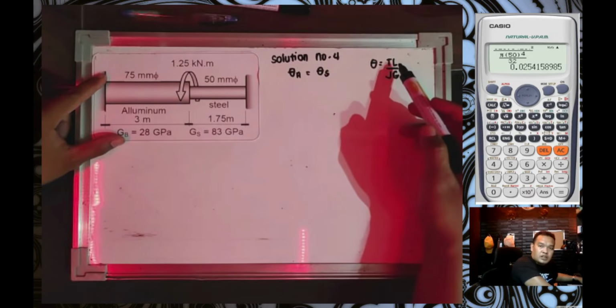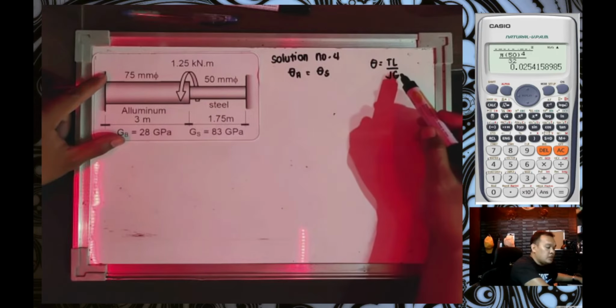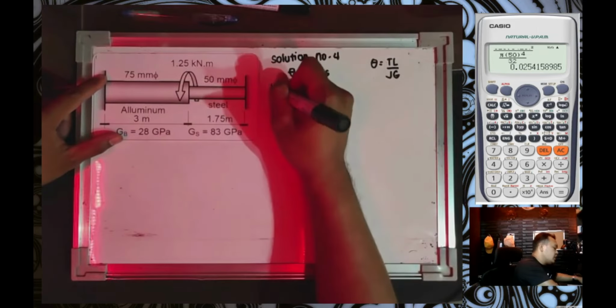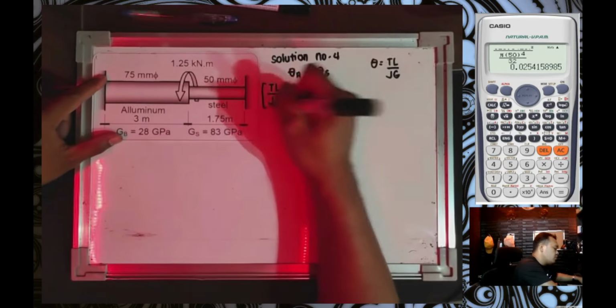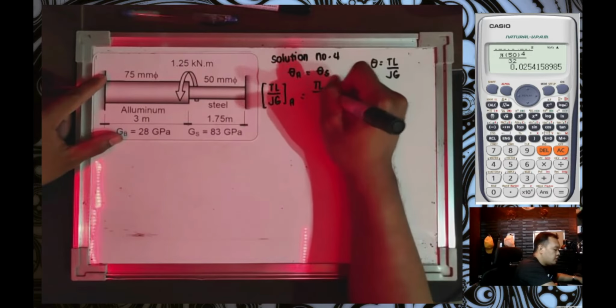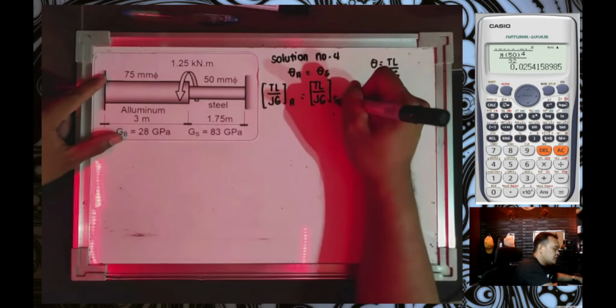Yung L is the length of the material, J is the polar moment of inertia of the material, and G is the modulus of rigidity ng materials natin. So let's say that TL over JG for aluminum is equivalent kay TL over JG for steel.